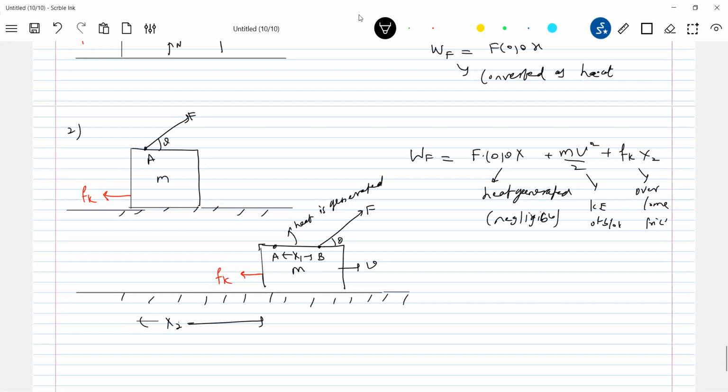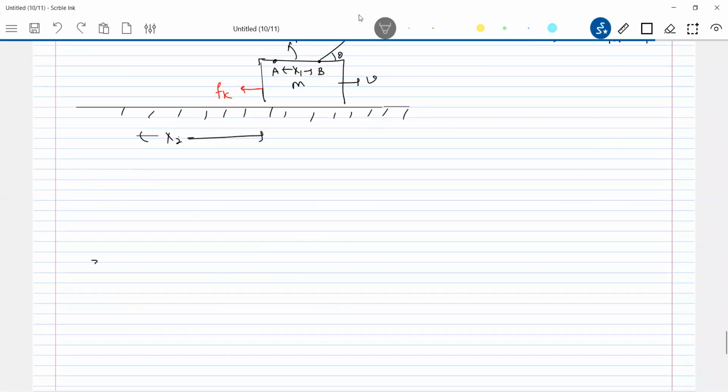Got the idea? So work done by a force, and work done by a force on an object are two different things. For a particle, which means very small, I applied a force.